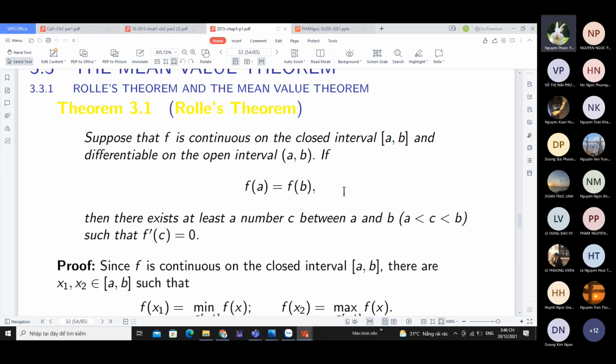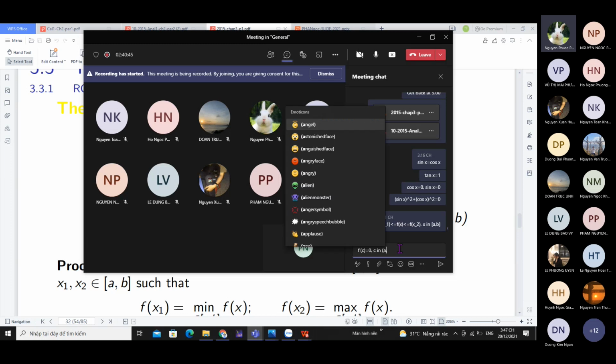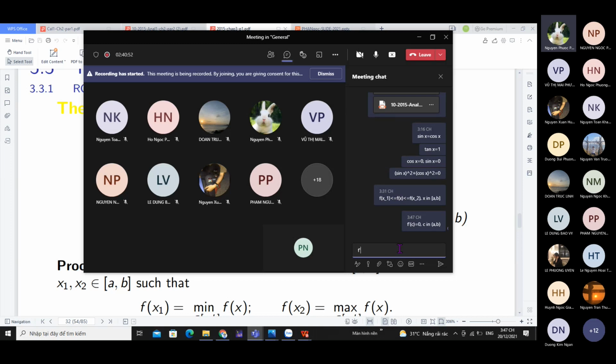Right? Now let me write down something here for you. f'(c) equals 0, here c is in the open interval (a, b). What does it mean? It means the equation f'(x) equals 0 has at least one root in the open interval (a, b).